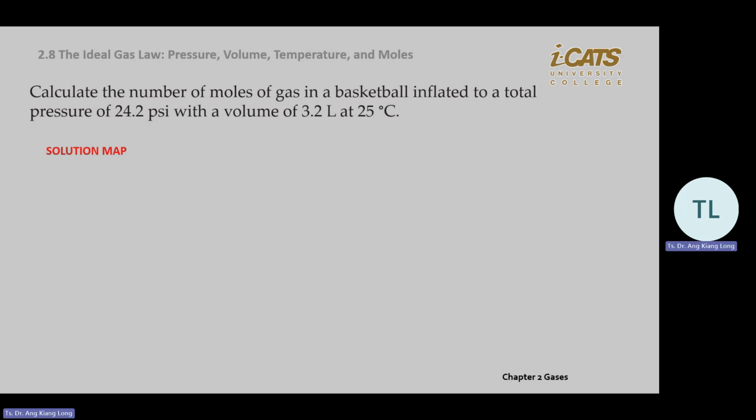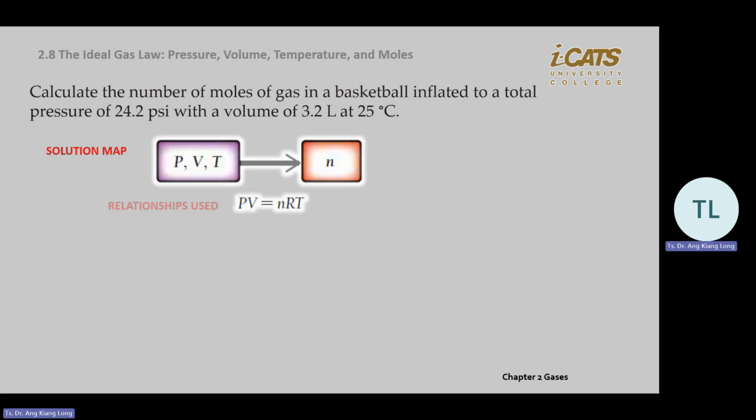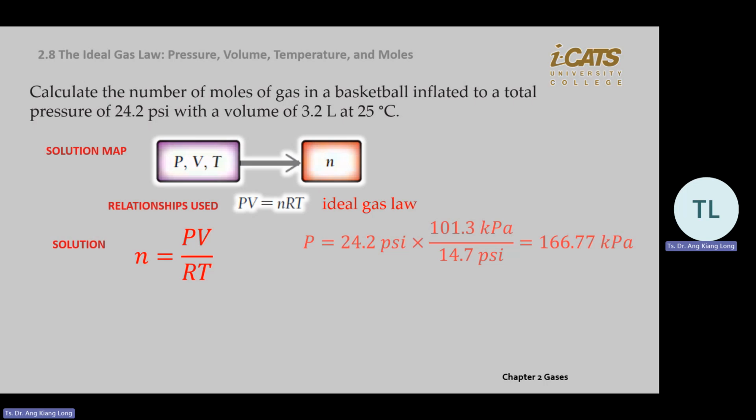They ask you to find n, the number of moles, give you pressure, give you volume. So PV equal to nRT, you should be able to get R. Then you're able to find it. What is missing is the n.